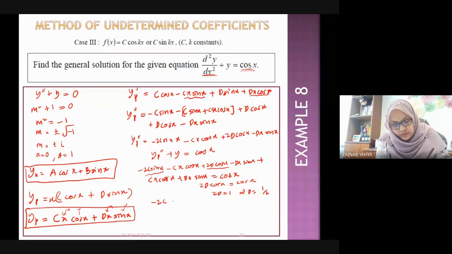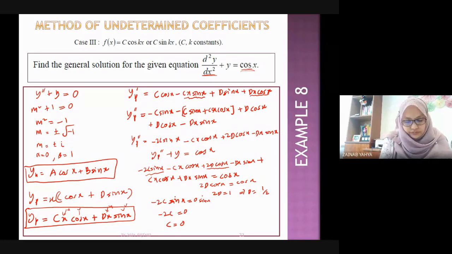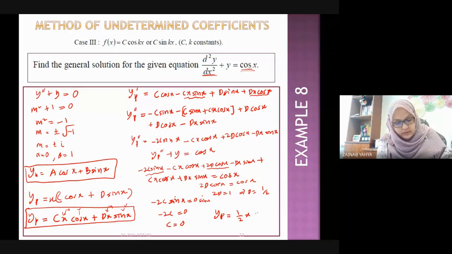Negative 2c times sin x equals 0 sin x. So negative 2c equals 0. C must equal 0. Right? So only d has value. So your yp is just d x, which is 1 over 2 x sin x. So this is your yp.